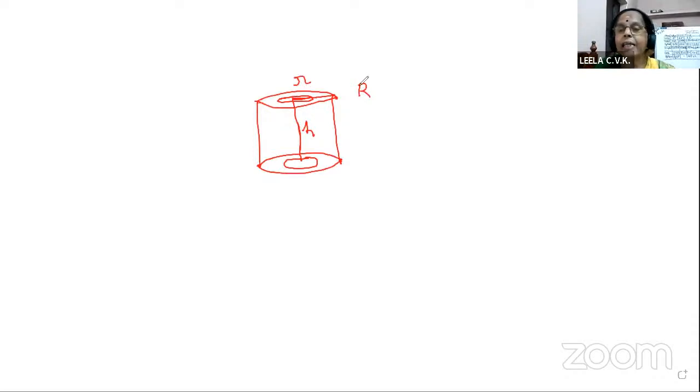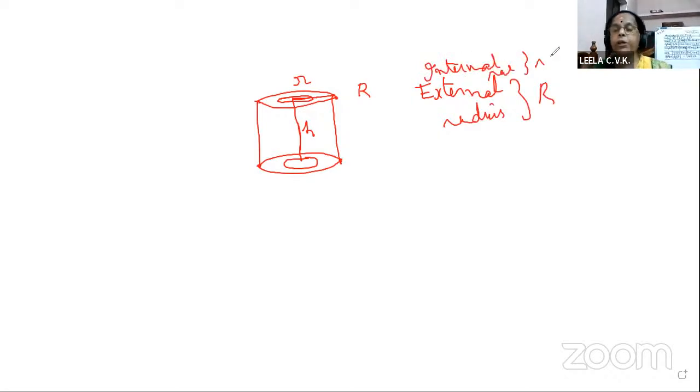And the external radius, this outer circle, the bigger one, I have written capital R. That is known as external radius. If you want, I'll write that also. External radius, capital R, and internal radius, the smaller one, small r. These two values are important in the case of hollow cylinder.